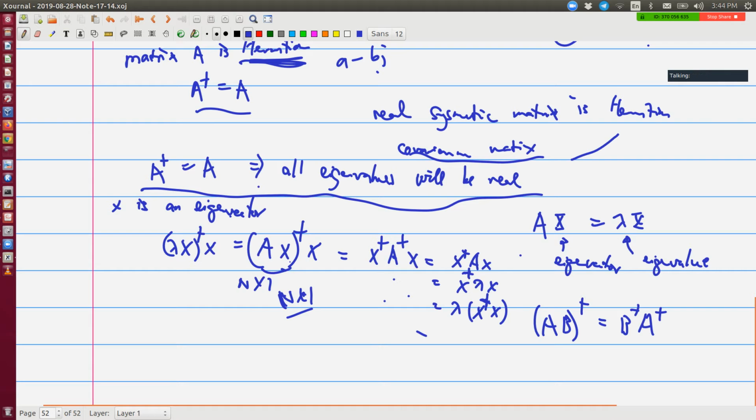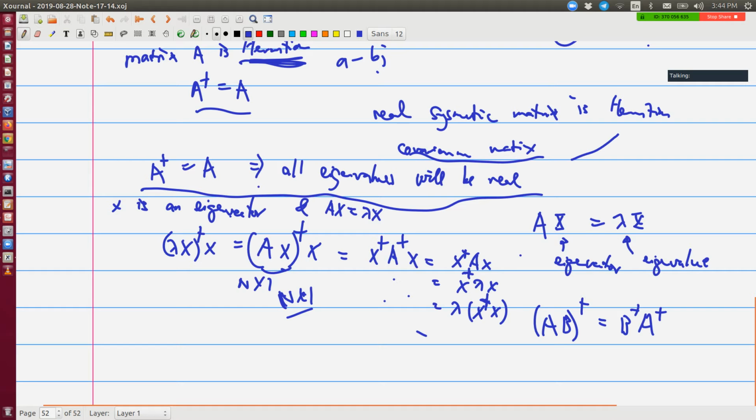So x is an eigenvector of A: Ax equals lambda x, and lambda is the corresponding eigenvalue. There is lambda x there and the transpose times x.